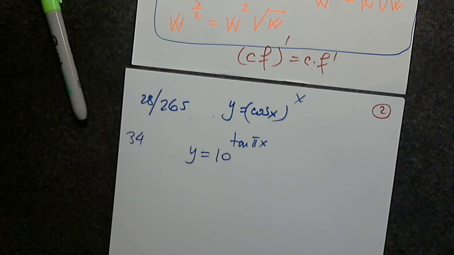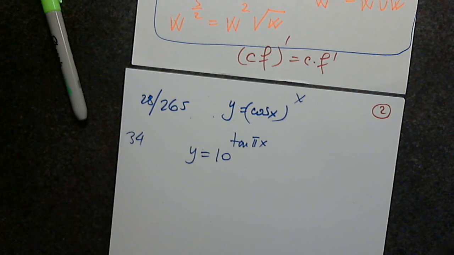Anyone needs help? So we will write natural log y equals x times natural log cosine x.